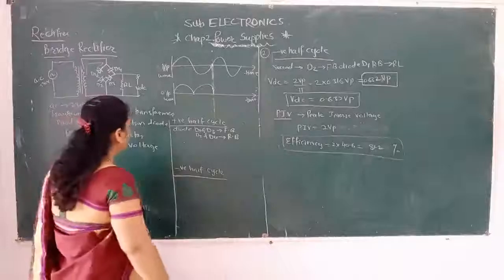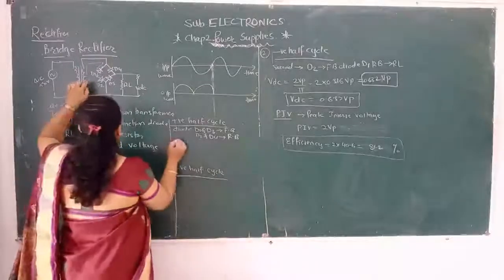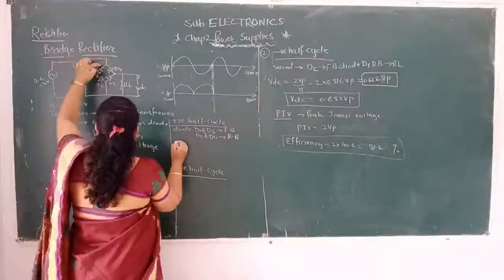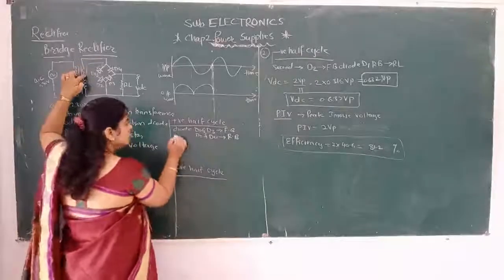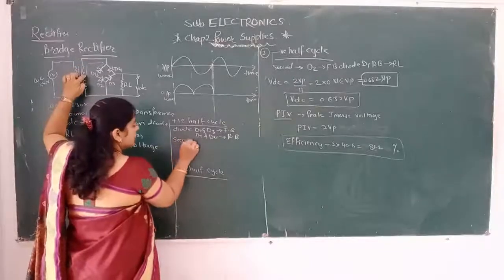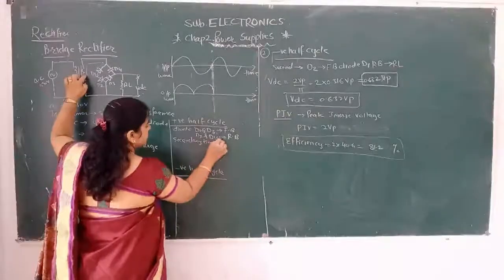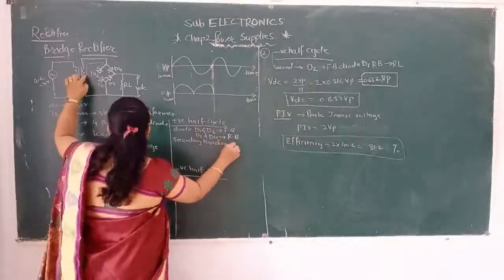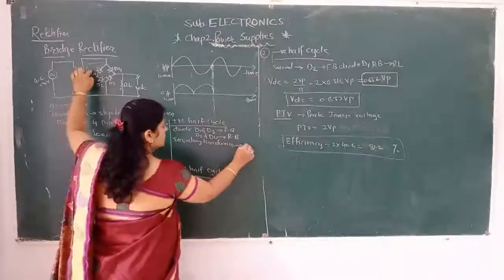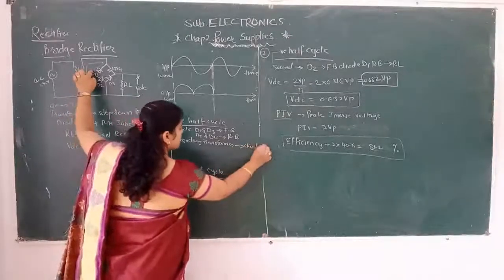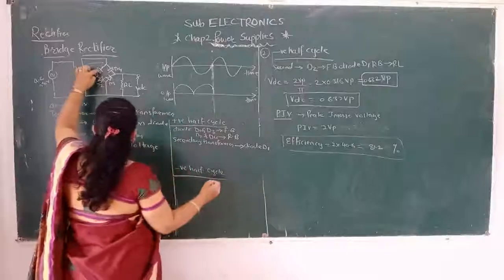So how will the current flow? Current flows from the secondary of the transformer to diode D1.